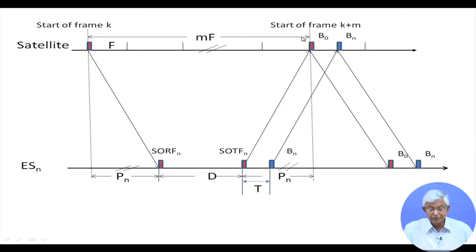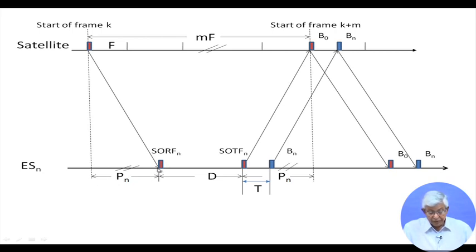Let us say the beginning of this frame reaches after a propagation delay p n at the nth station. So, here he sees the start of the reference burst, start of the reference frame. The receive station sees it, actually it is on the satellite much earlier, by one propagation delay.